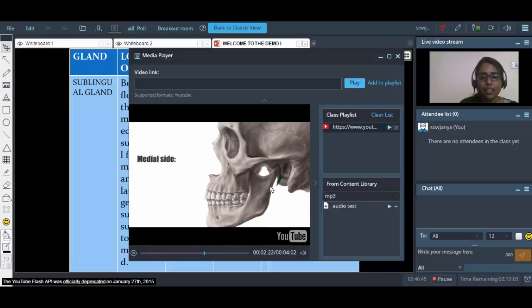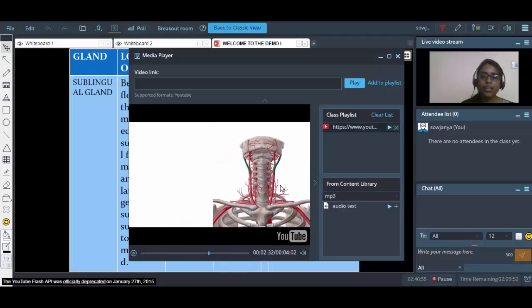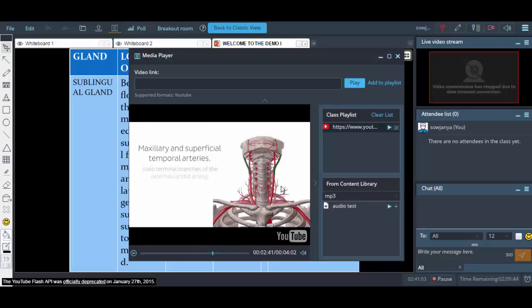Medially it relates to the styloid process and transverse process of the atlas. When it comes to the blood supply, the parotid gland is supplied by the terminal branches of the superficial temporal artery and the maxillary artery, which are terminal branches of the external carotid artery.